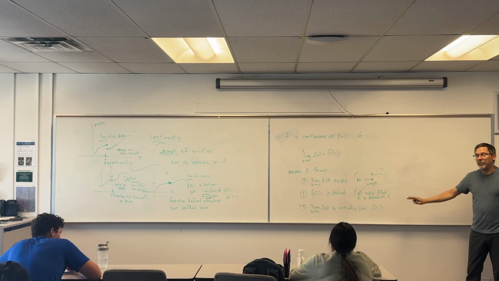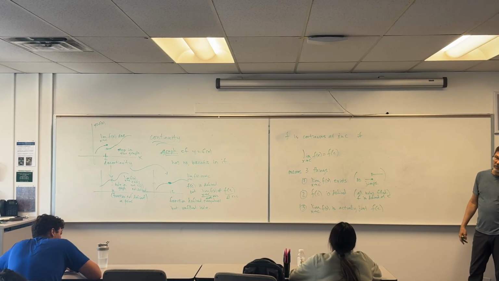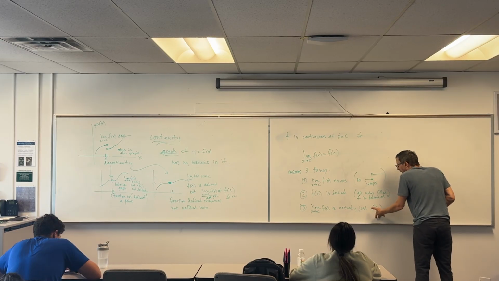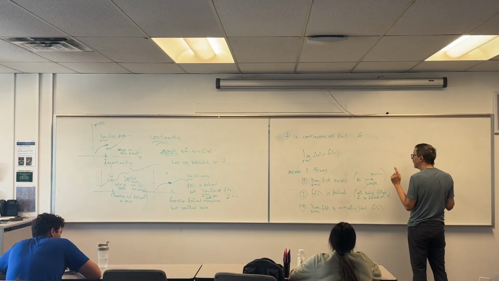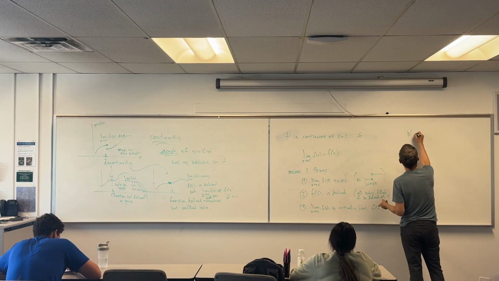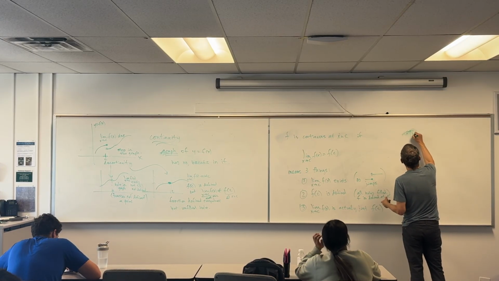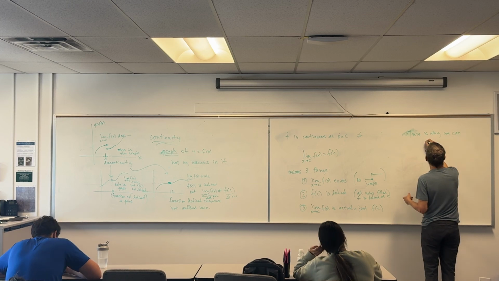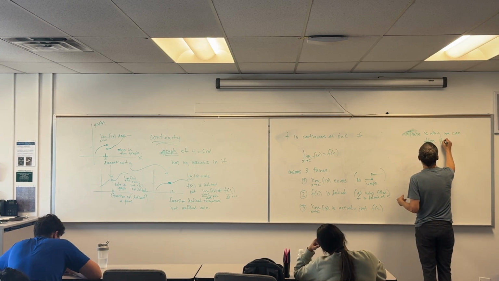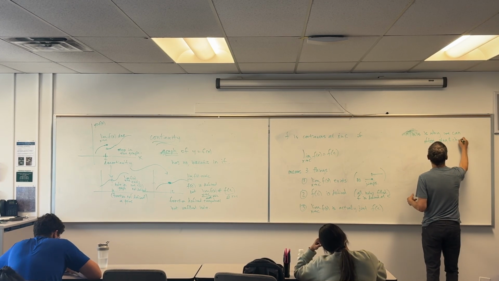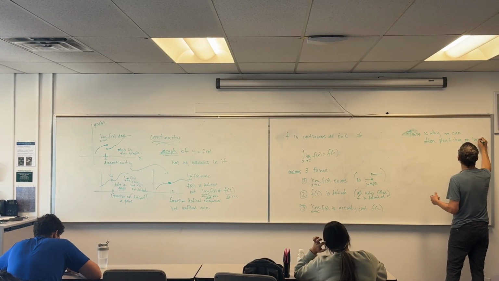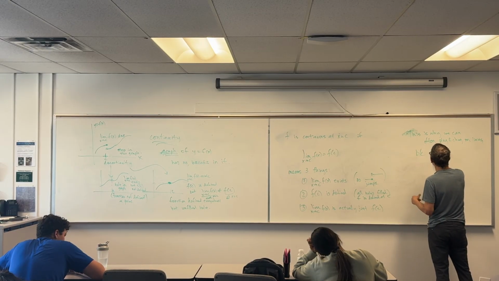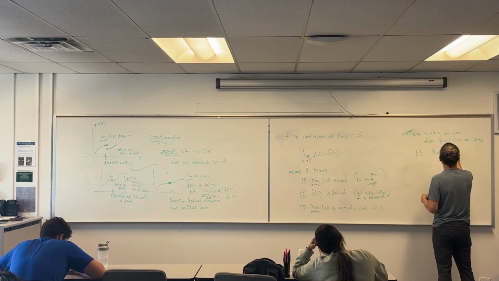And this is why the plug and chug rule works for limits. This is why we can often just plug in the thing and it's equal to the limit, because the function is continuous. So put a little note here. This is why we can often plug and chug on limits, because the function is continuous.